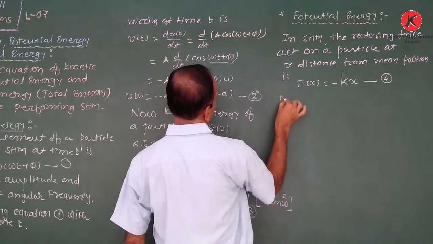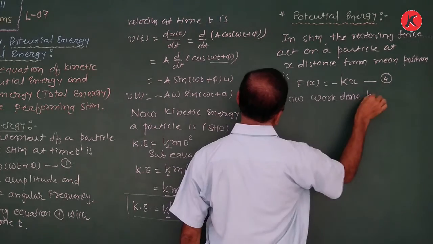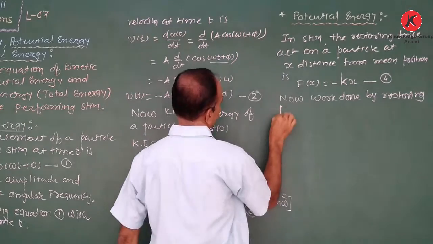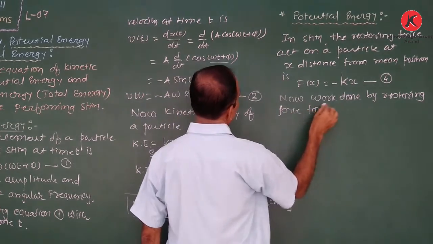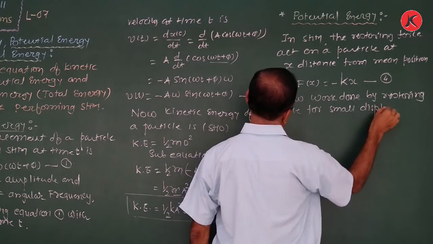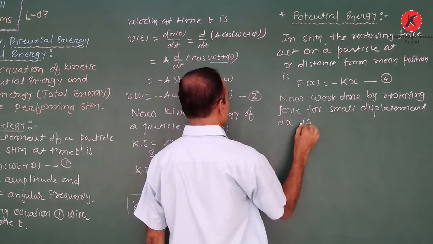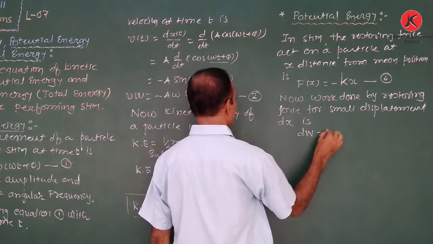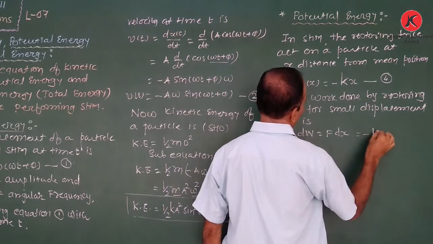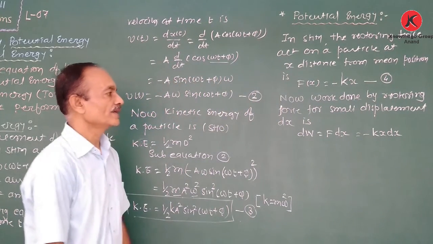Now, the work done by the restoring force for small displacement dx is dW is equal to force into displacement, is equal to minus kx into dx.